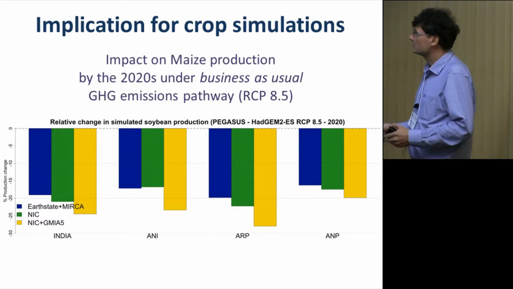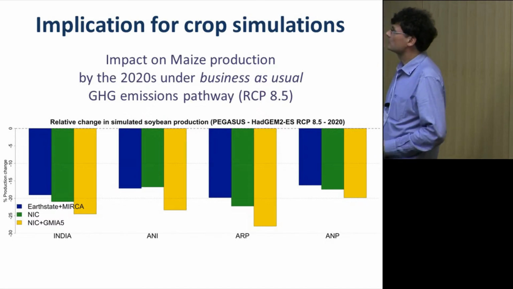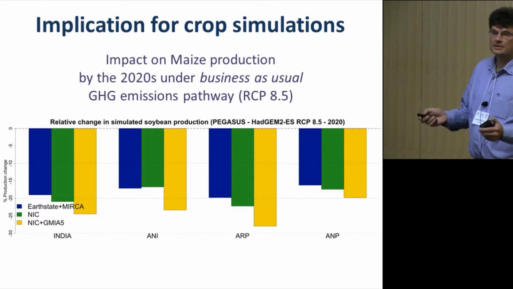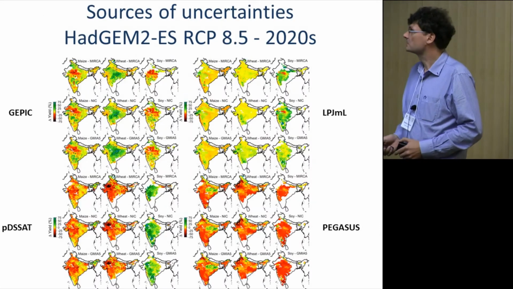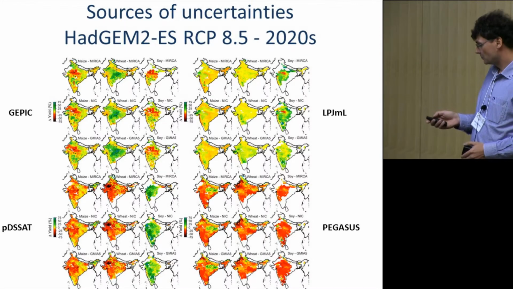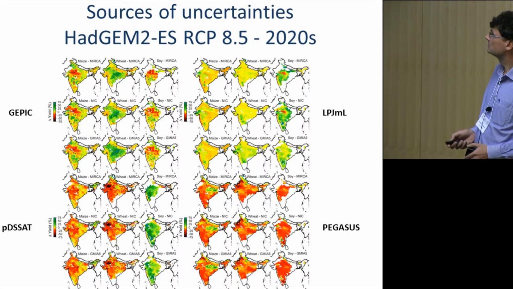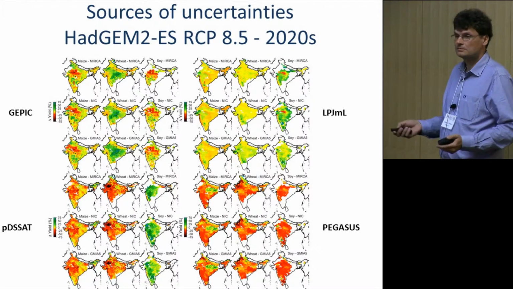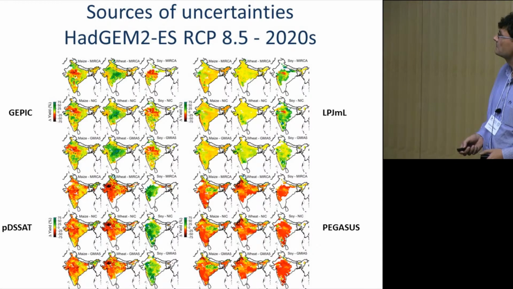More striking was the difference between models. I mean, that's quite common. There's a lot of discussion. As you can see here, the results for four different crop models differ with regard to several aspects.